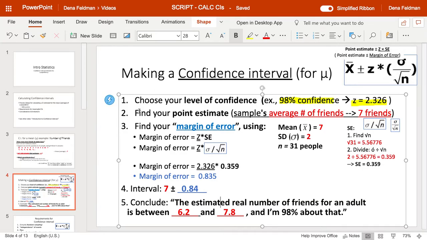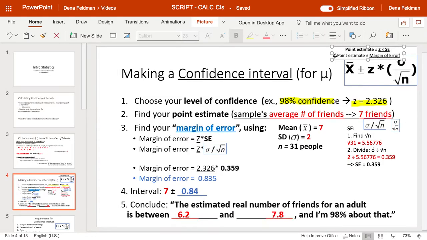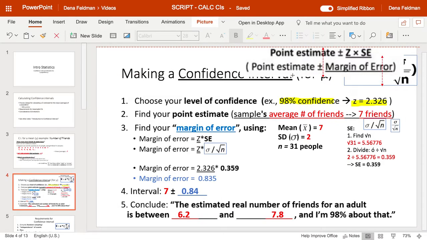Well, here are the steps I went through. First of all, keeping in mind that a confidence interval estimate follows this general formula, this general pattern, that you have some number that you got from your sample, and then we're going to add to it and subtract from that number something we call the margin of error.